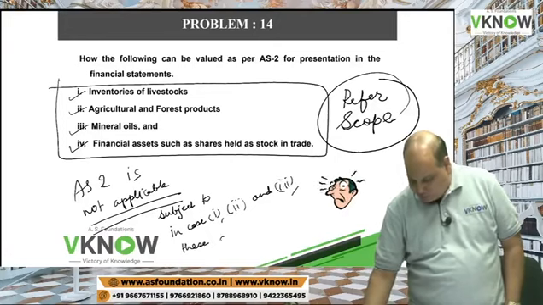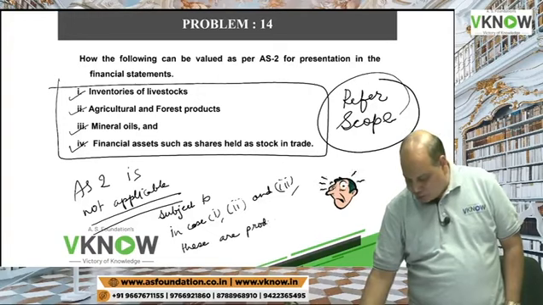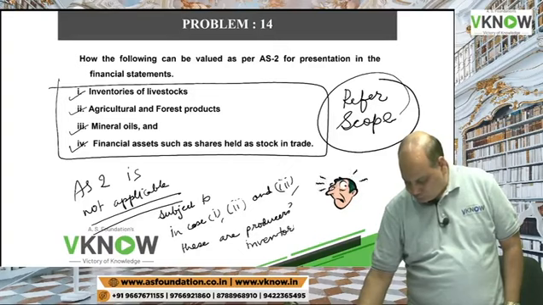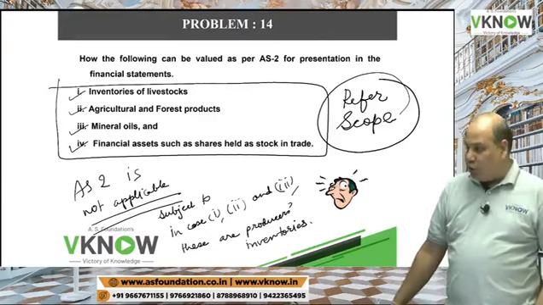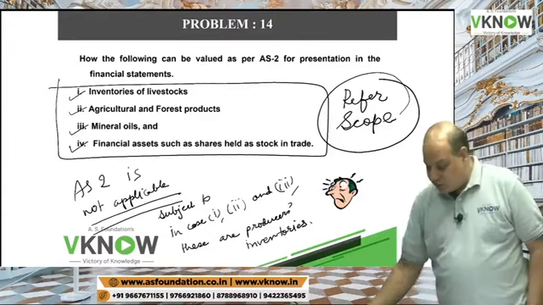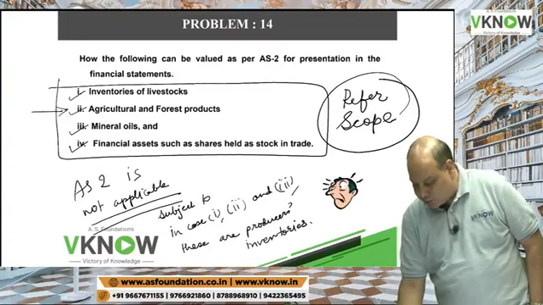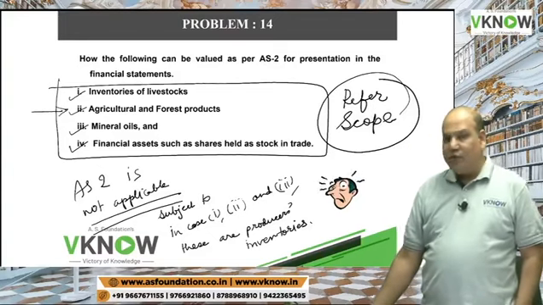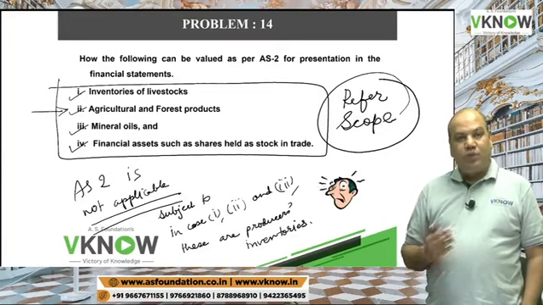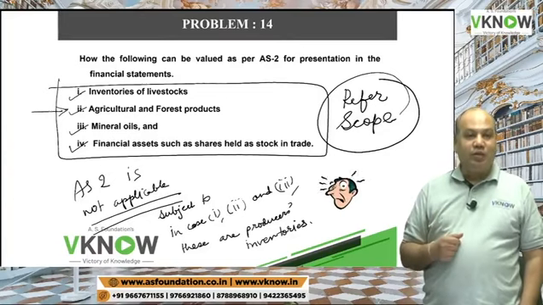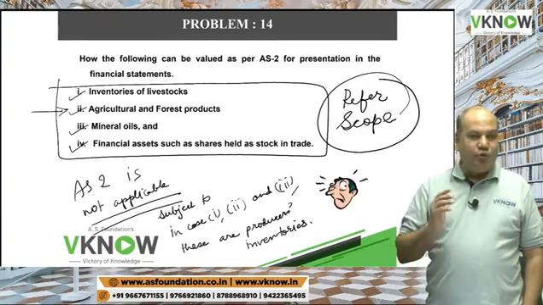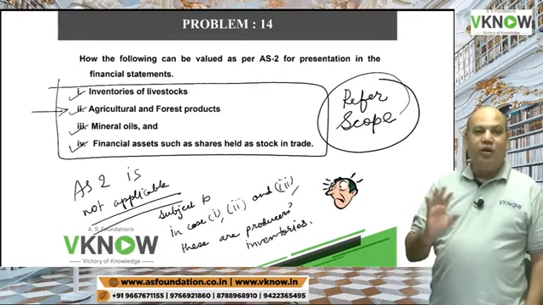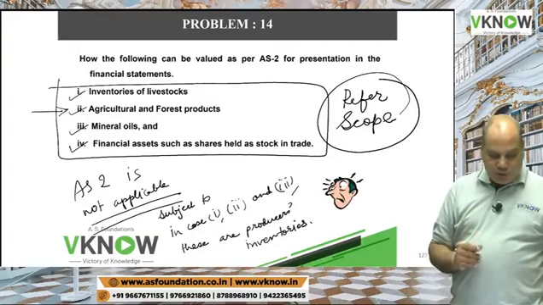These are producers' inventories. So only writing not applicable is not enough. Suppose I buy and sell wheat, I buy and sell apple, AS2 is applicable to me because then I am a trader. Okay, but if I produce apple, if I produce wheat, then AS2 is not applicable to us, right?